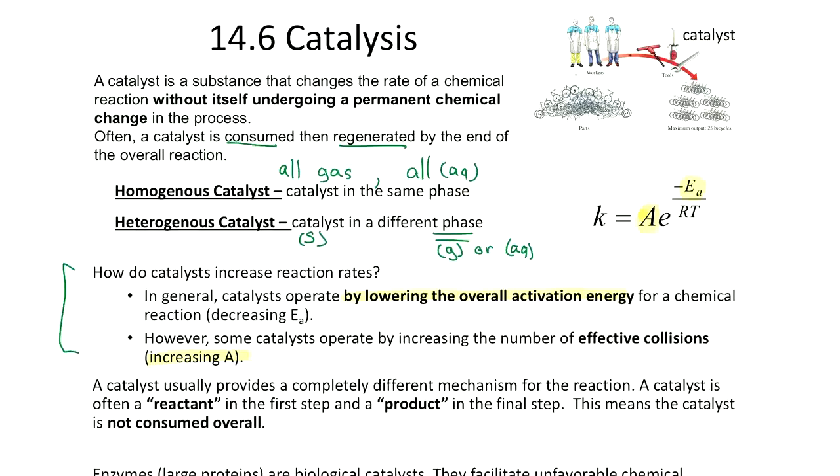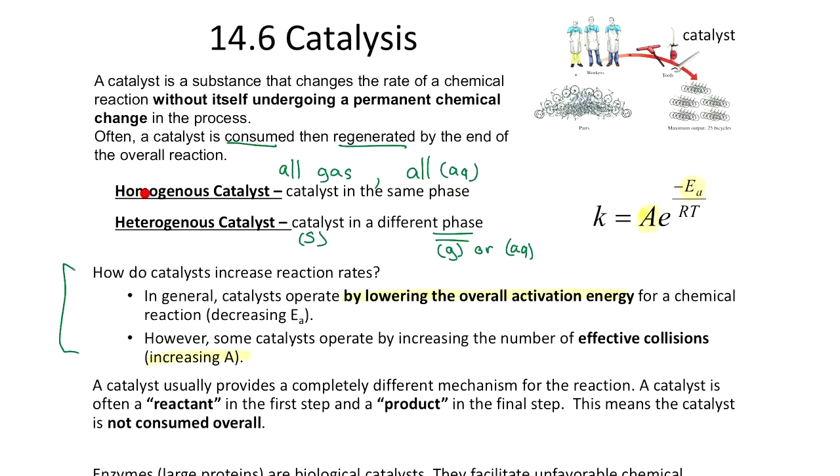So heterogeneous catalysts aren't as effective as homogeneous catalysts. You can think of it using collision theory, all right? The only collisions in heterogeneous catalysis are on the surface. But when you have your catalyst in a solution that's completely uniform, those collisions are much, much more effective.